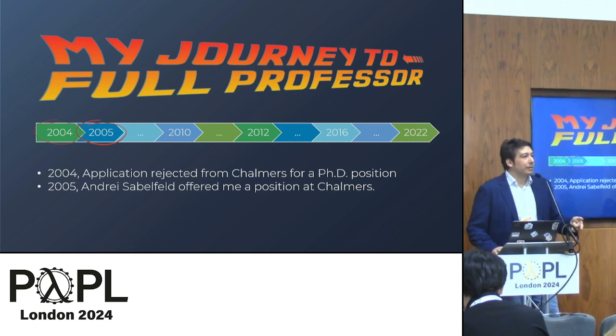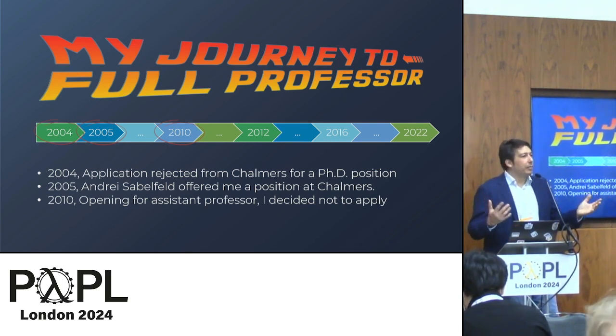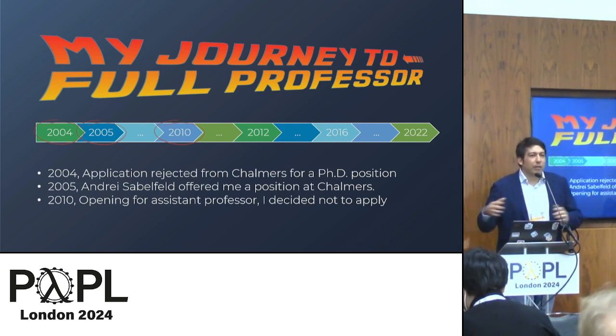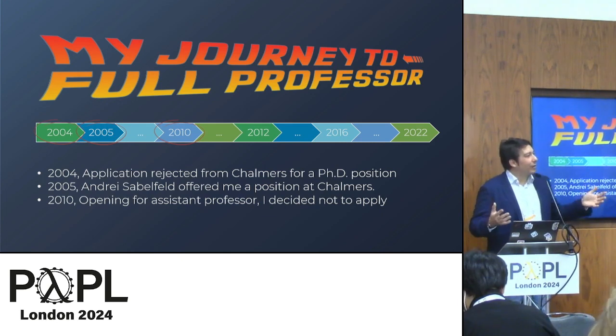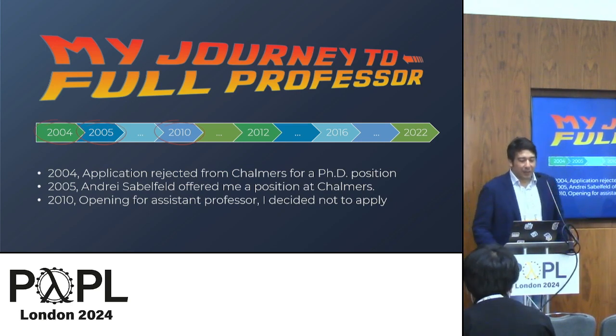Then I got the position. Then in 2010, there was an opening for professorship at Chalmers, and I decided not to apply. I was confused, because I was doing a lot of security. I consider myself a security guy, not a functional programming guy. I had some identity crisis. Now I understood I'm non-binary, right? So I'm both. So I decided not to apply.